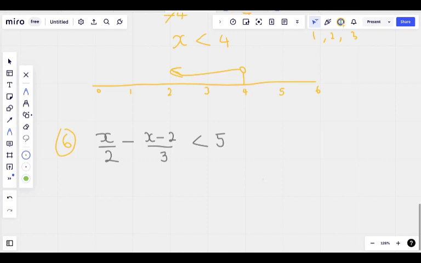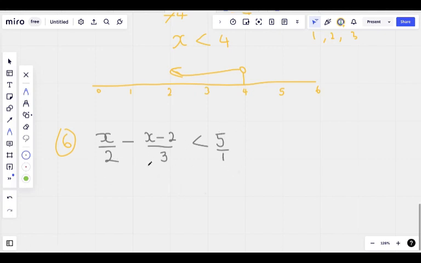Now, for example, I want to remove the denominator and make it look like a linear inequality. To do that, you have to find the LCM of the denominators. We multiply the whole of this fraction by the LCM.